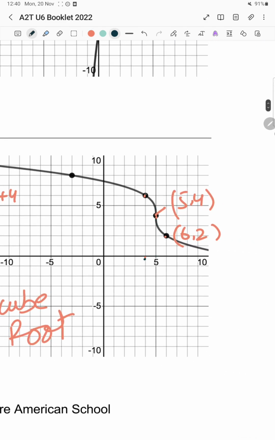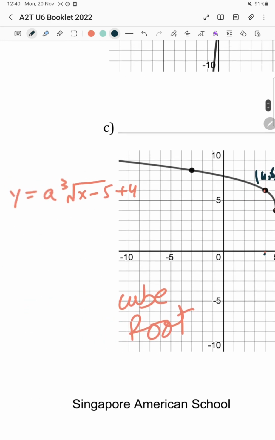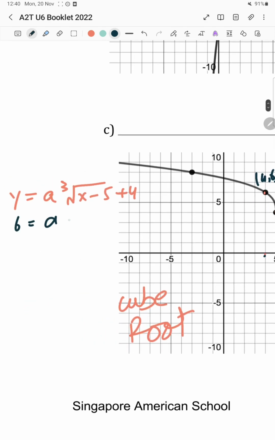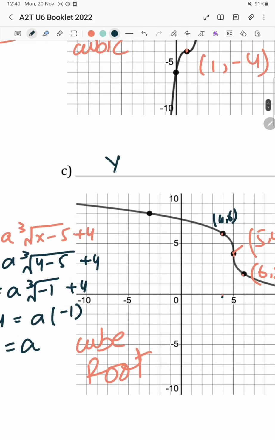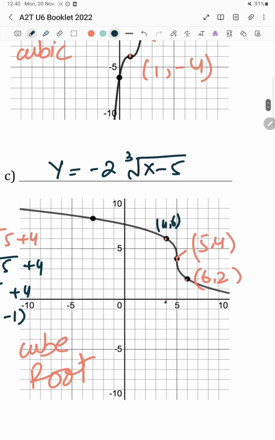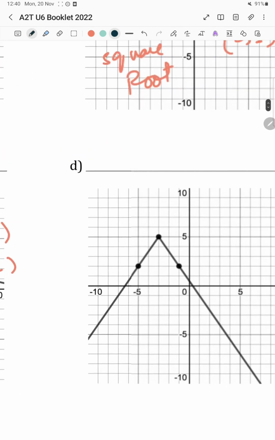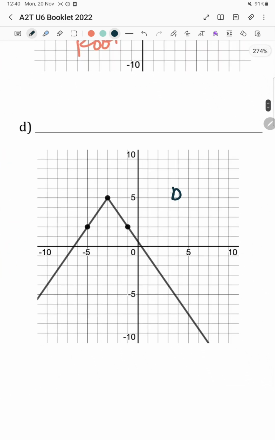If we take this point, this is 4 and 6. This is absolute value function.